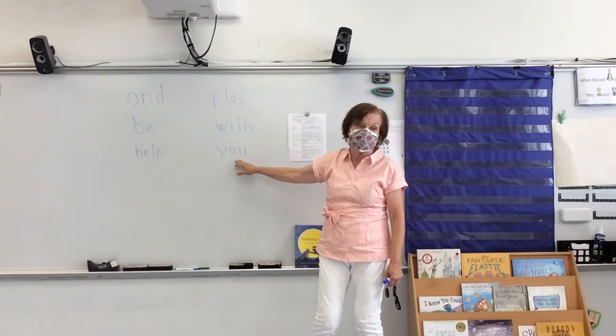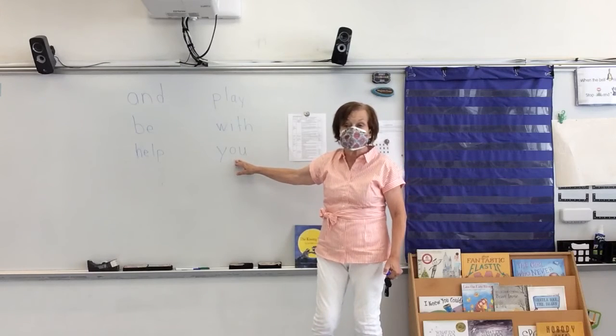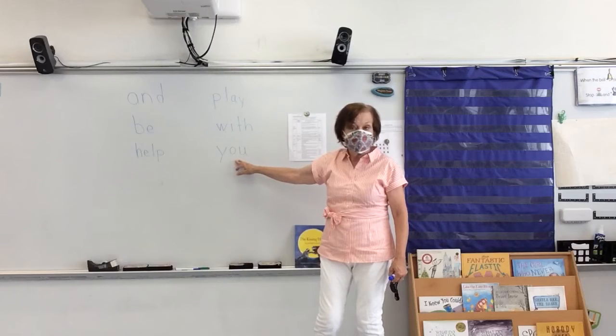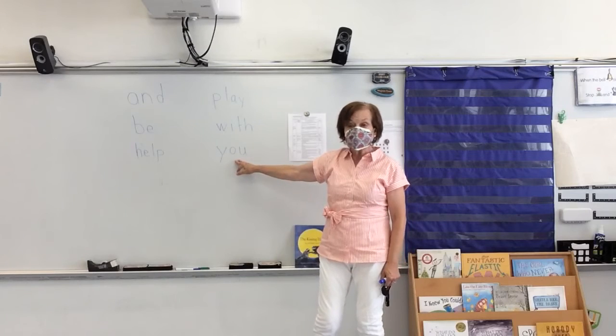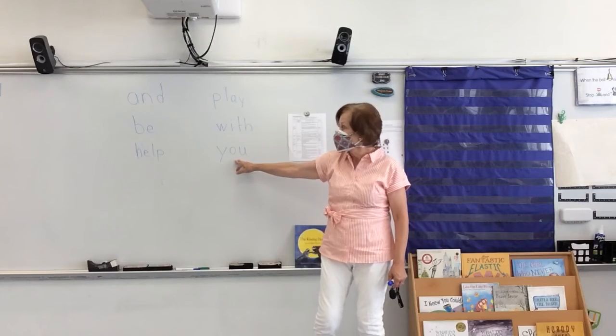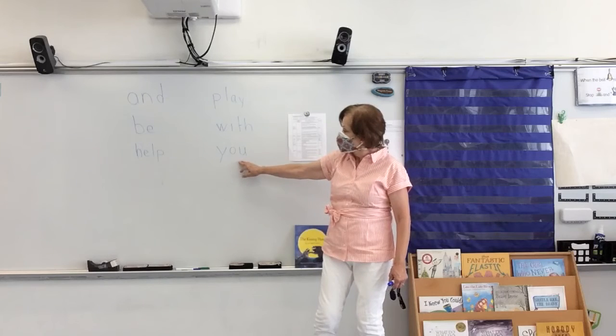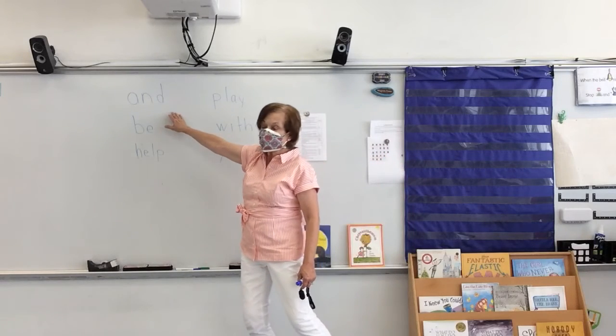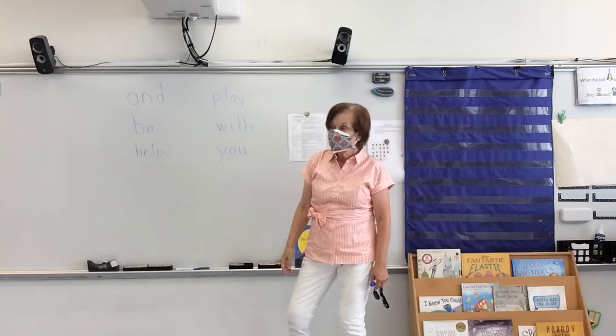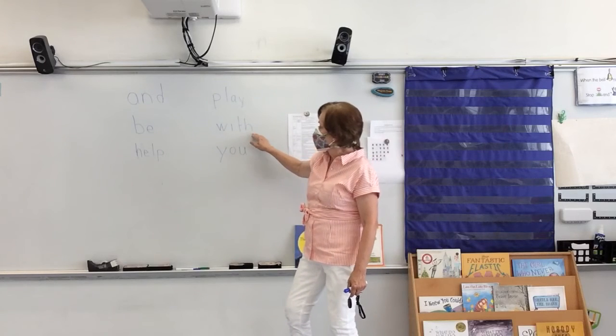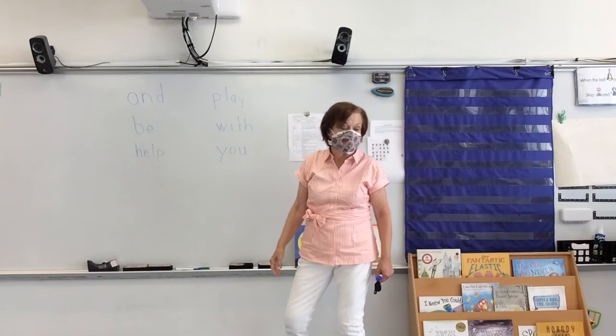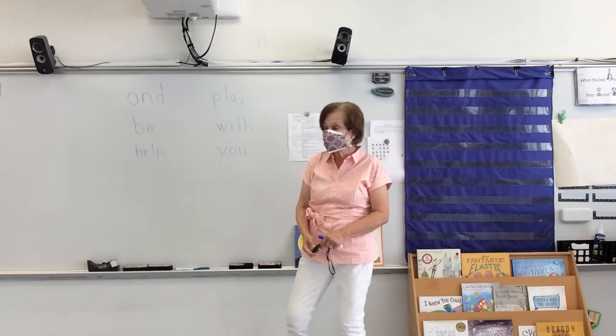You'll use this one a lot. I just used it in that sentence. And everybody say it. You. Very good. Look at that. I did a sentence with quite a few of those words.